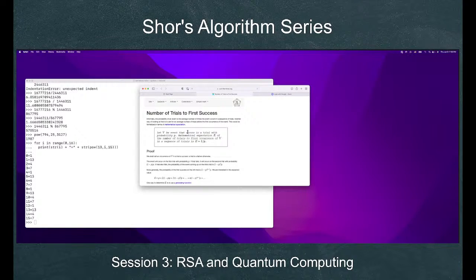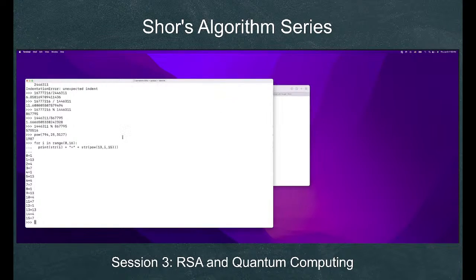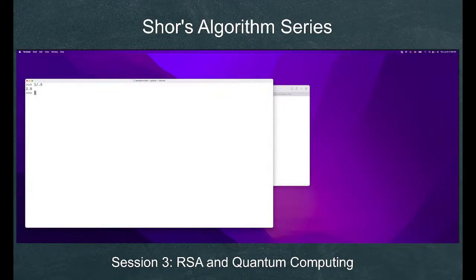The average number of trials that you will have before the first occurrence of your success, for example before you get a head, is 1 over P, where P is your probability. We know that the probability of success for a balanced coin is 0.5, right? So 1 over 0.5 is the number of times that you are going to throw the coin.